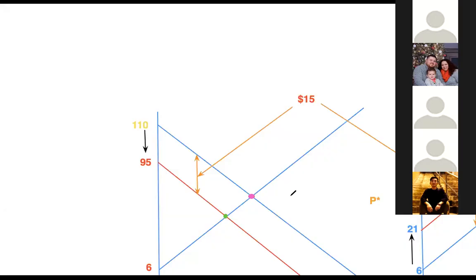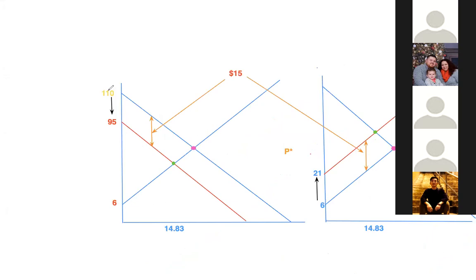I'm going to stop sharing for a minute, and then I'll go back to sharing the whiteboard. My suggestion would be, like we found out last time, it doesn't matter if we graph. Can you see the diagrams we've been working on? Yeah.